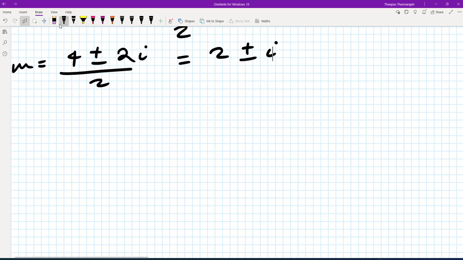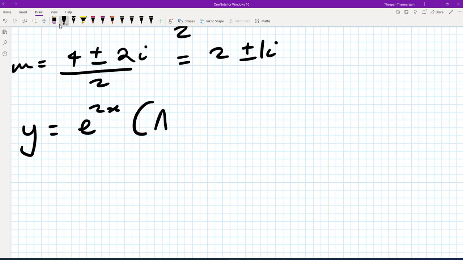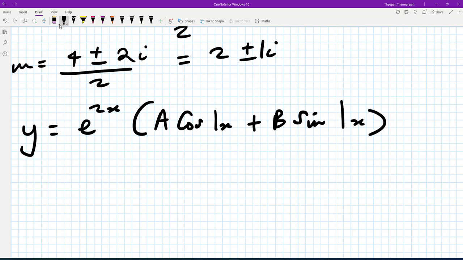So our solution will be y equals e to the real part, which is 2x, times, there's a 1 here, so I'll write that in, a cos 1x plus b sin 1x is our solution.